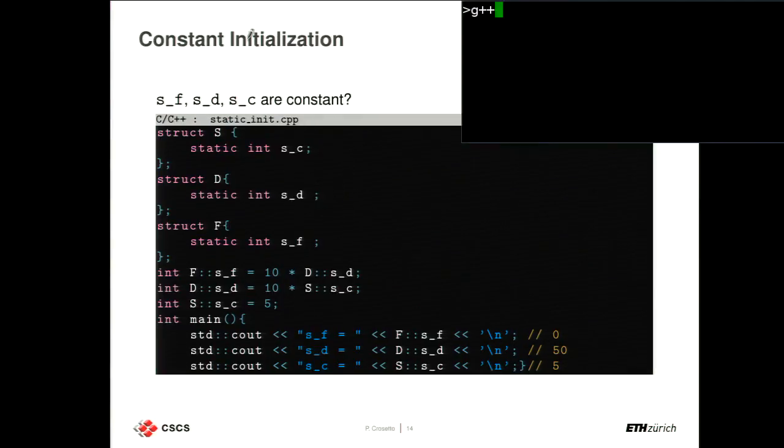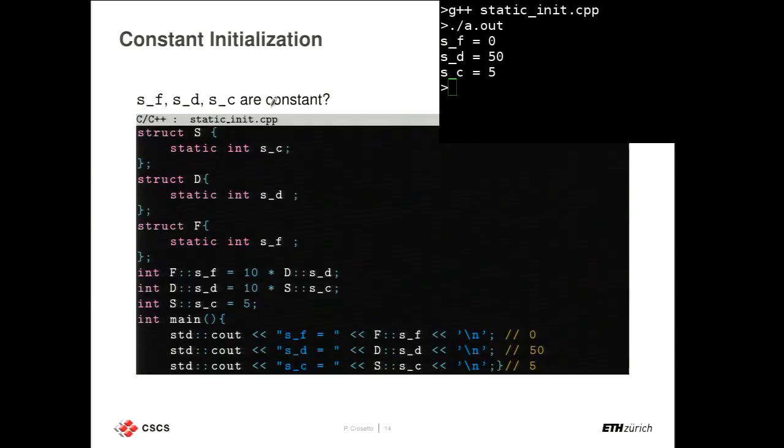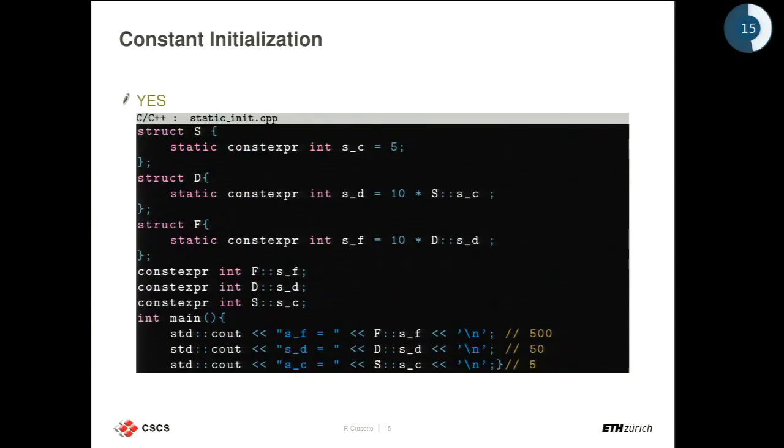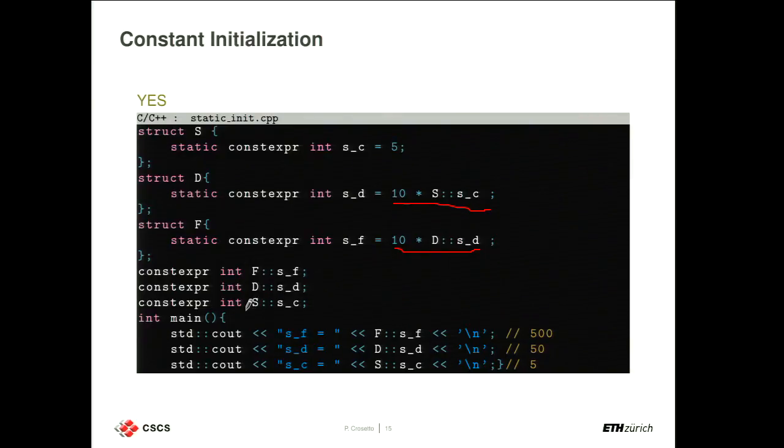So first. So you see that you get this result, and so if these three are constants, you can use the constant initialization instead of the static initialization, meaning that you define them as expression, and in this case you initialize them here, and you can define it for external linkage in the global scope.